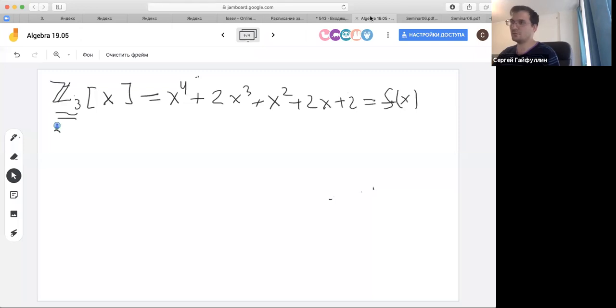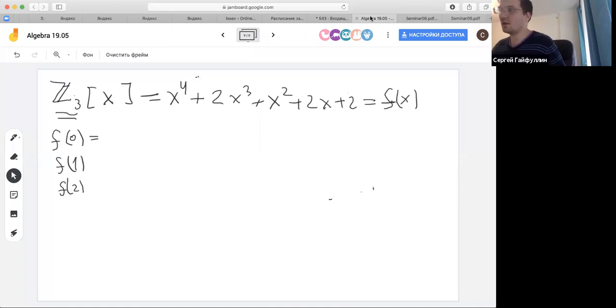And we should check f from 0, f from 1, and f from 2, because Z3 has just 3 elements. Okay, f from 0 is 2. And what about f from 1 and f from 2?